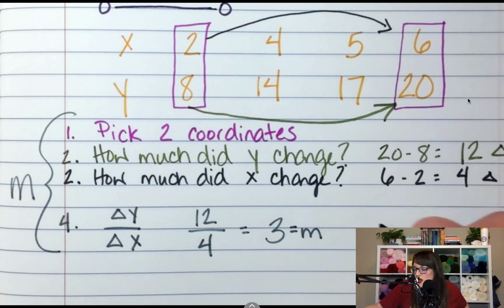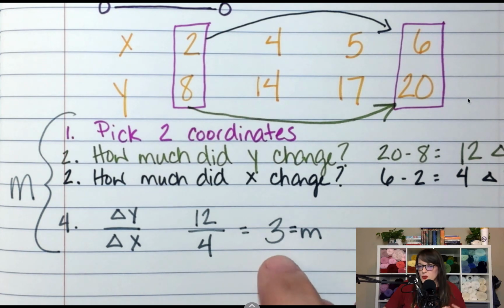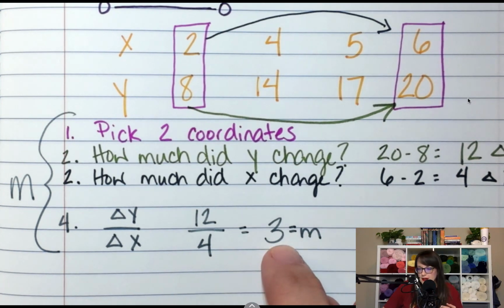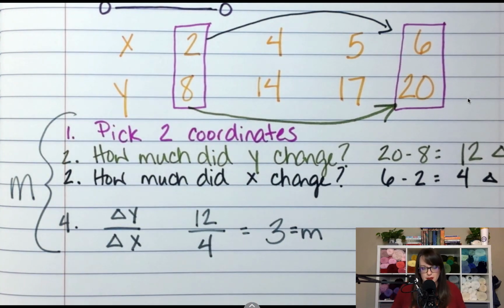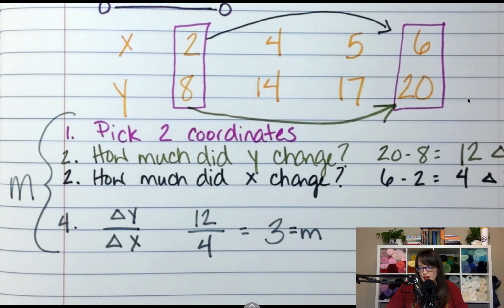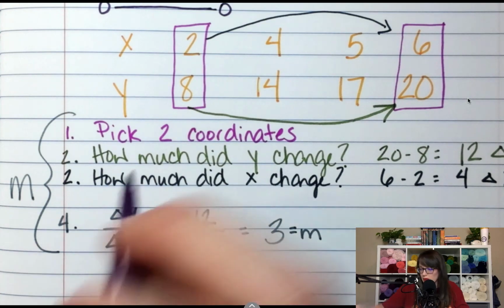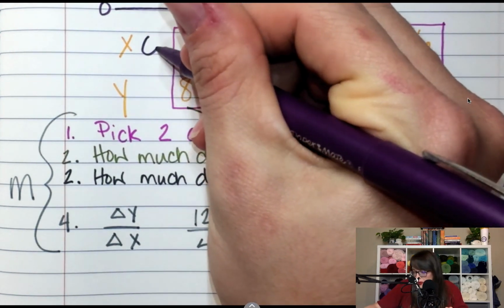This is also the same idea as k. It's the same idea as the unit rate. This is what I'm going to multiply by. Now, to find the b, to find where it crosses the y-axis, the easiest thing to do is probably to come back up to the table and see if you can figure out how much y would be if x was 0.